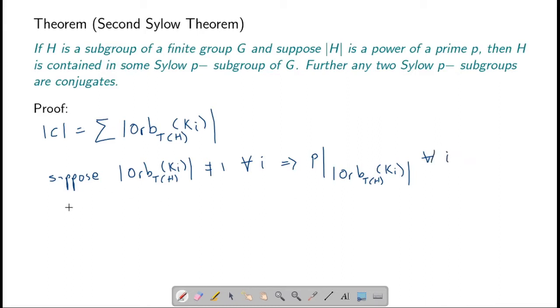Okay, which means that p will divide the sum, and hence p divides the number of elements in C, or that is N. Okay, so this is the first thing we notice, that if this is never 1, then p has to divide N. Now, what is N?